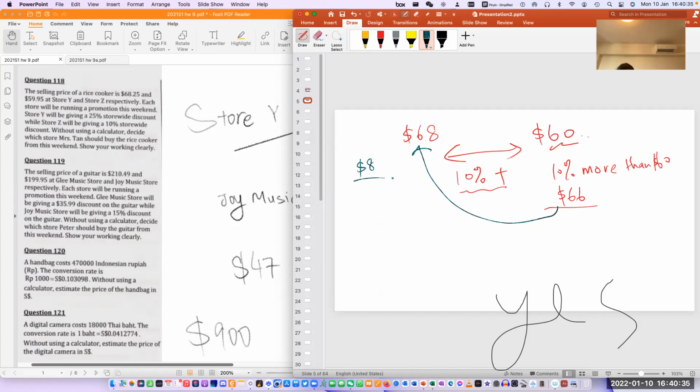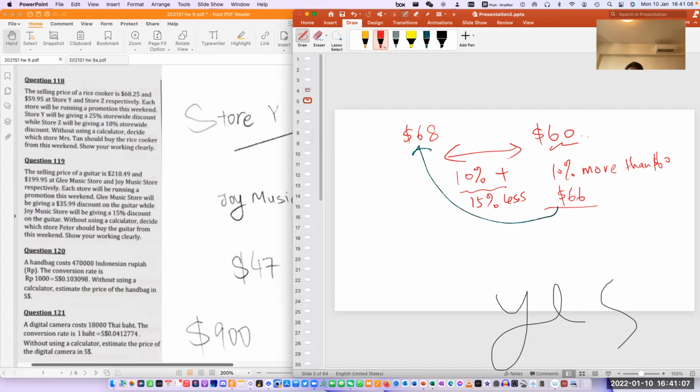So I will say the difference is about 10% plus, but definitely less than 15%. The difference between these two numbers is more than 10%, but definitely smaller than 15%.